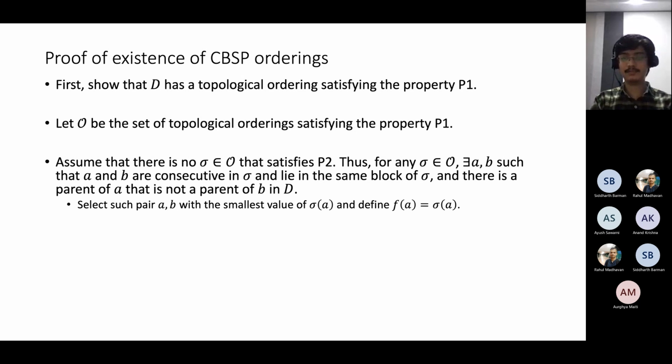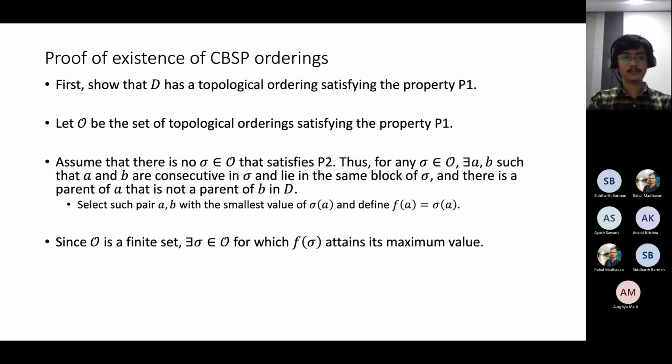We select the pair which does not satisfy the shared parents property with the smallest index sigma A, and define a function f of sigma equals sigma of A.